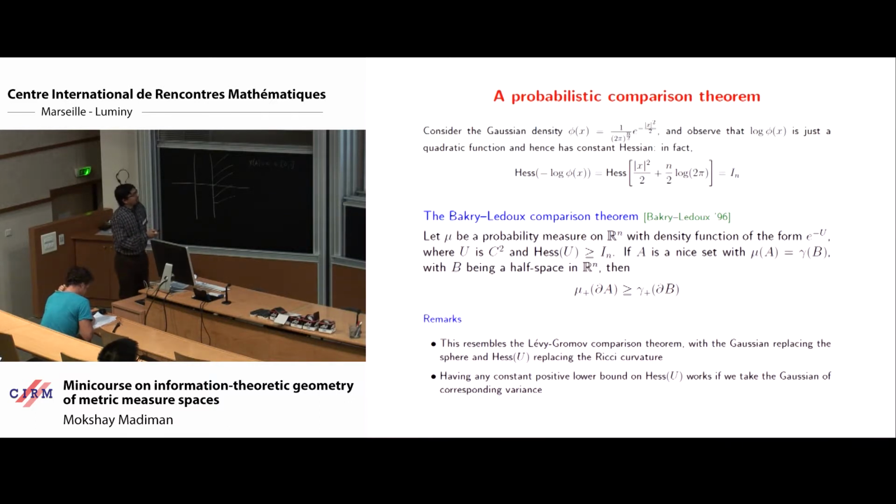if mu is a probability measure on Rn with density function of the form e to the minus u, so when I say density function, I mean the density with respect to the Lebesgue measure, of the form e to the minus u, where, so this C2 is not really important, but just for the sake of not worrying about it, we'll say u is C2 and the Hessian of u is at least the identity. So we mean this in the sense of positive definiteness of the Hessian matrix.